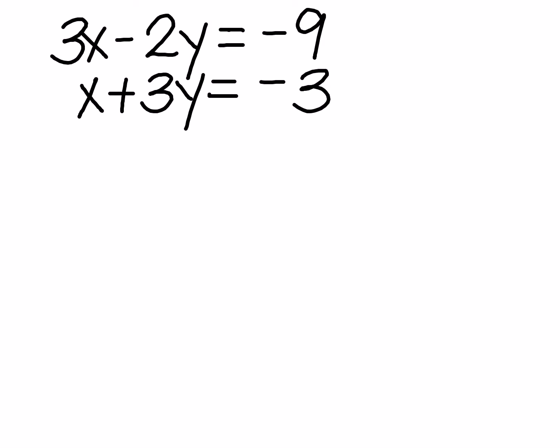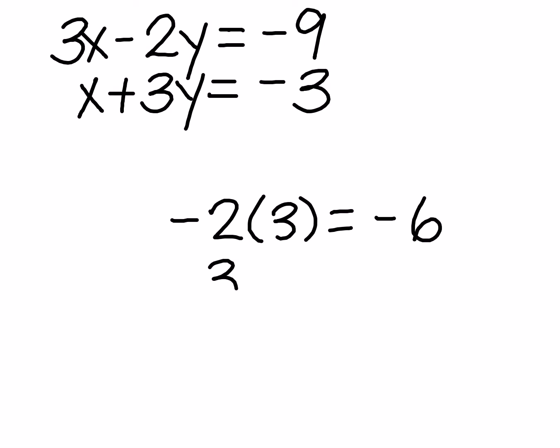And the reason I say that is because if I did y, I know negative 2, if I multiply by 3, I'll get negative 6. If I take the second equation, 3, and multiply by 2 this time, I will get positive 6. And we know 6 minus 6 will give me 0.